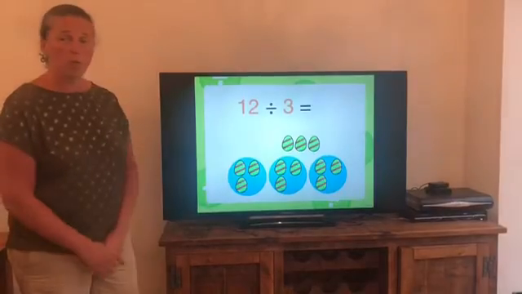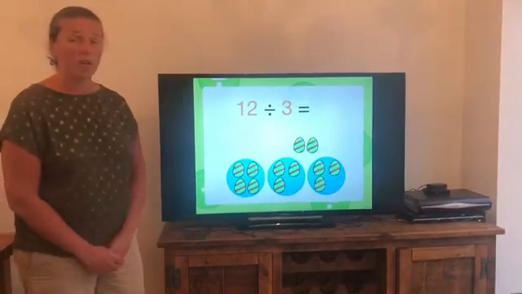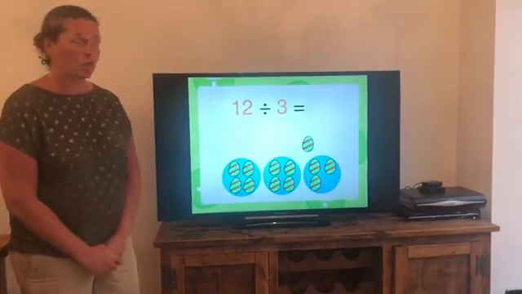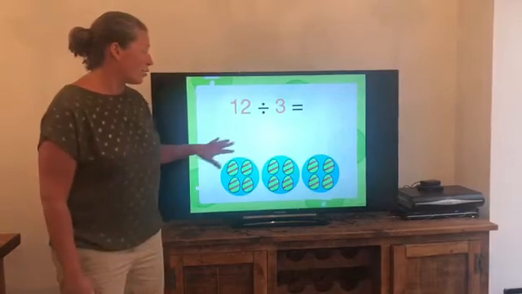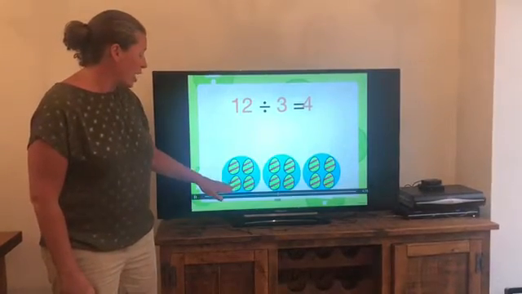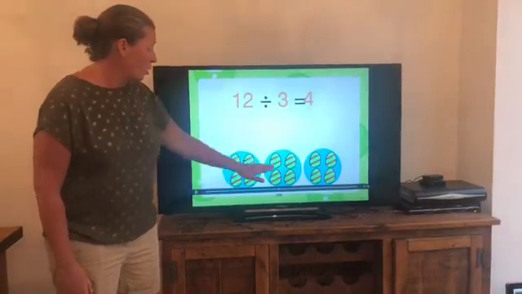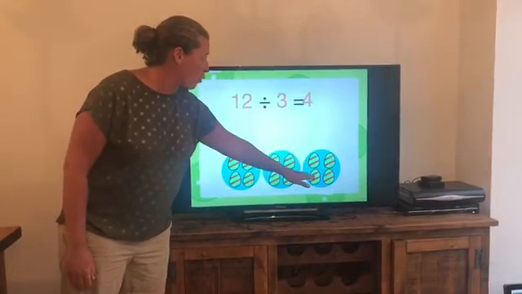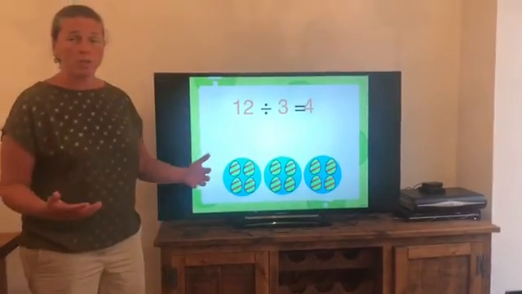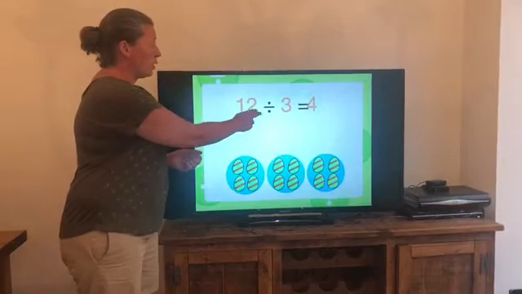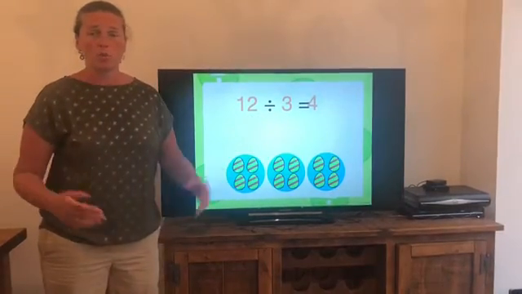And then we've got 3 more eggs to see, and then we're going to count how many eggs each child has. So all eggs have been shared equally, so we've now got 4 eggs in here, 4 eggs in here, 4 eggs in here. So our division sum was 12 divided by 3 equals 4.